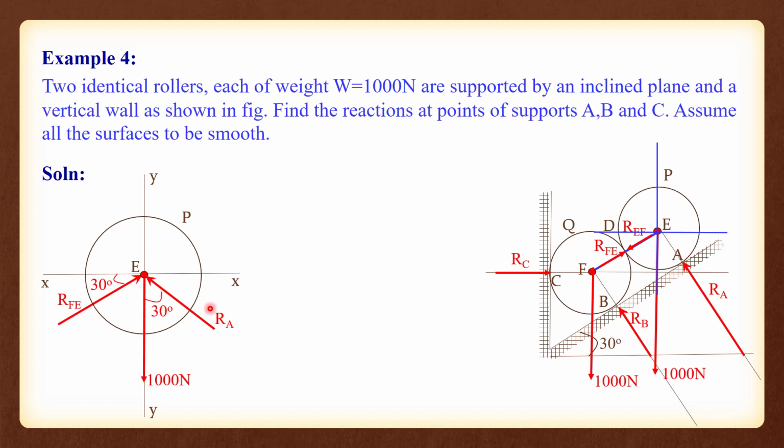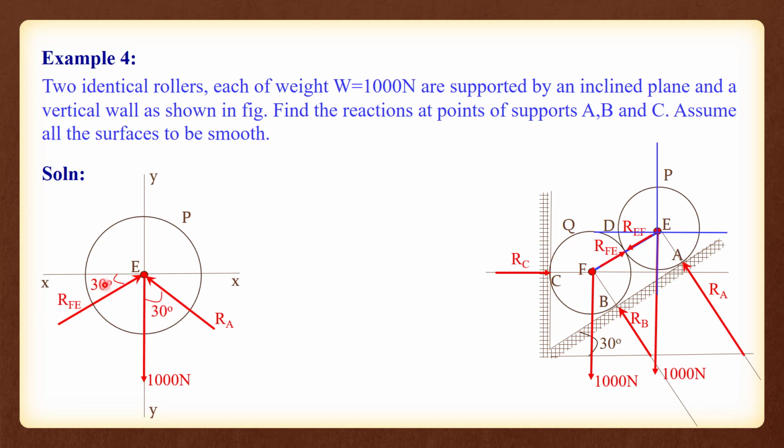Three forces are acting. One is 1000 Newton acting vertically downwards. Then RA. And the third one is RFE. Now if you want to resolve these forces, we need to know the angle made by RA with the y-axis or with the x-axis, and the angle made by RFE with the x-axis or with the y-axis.